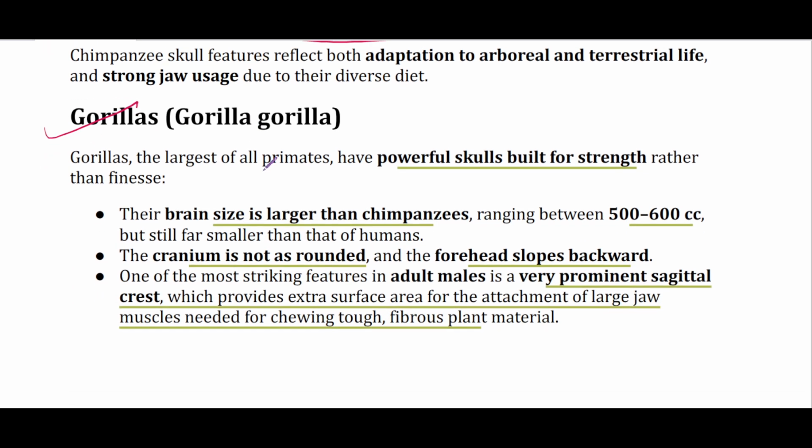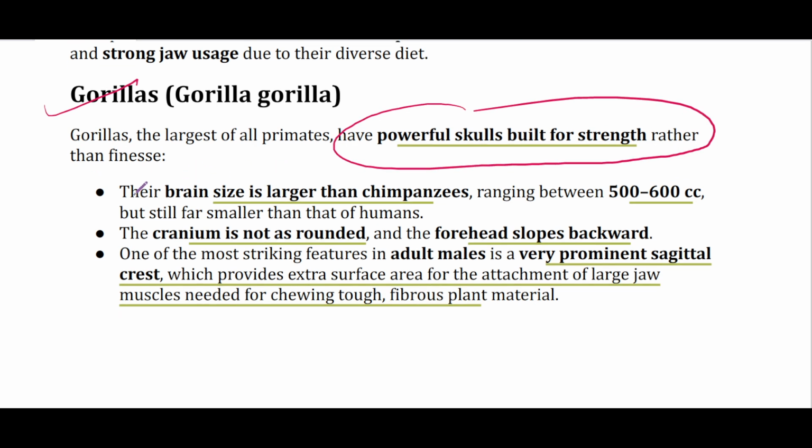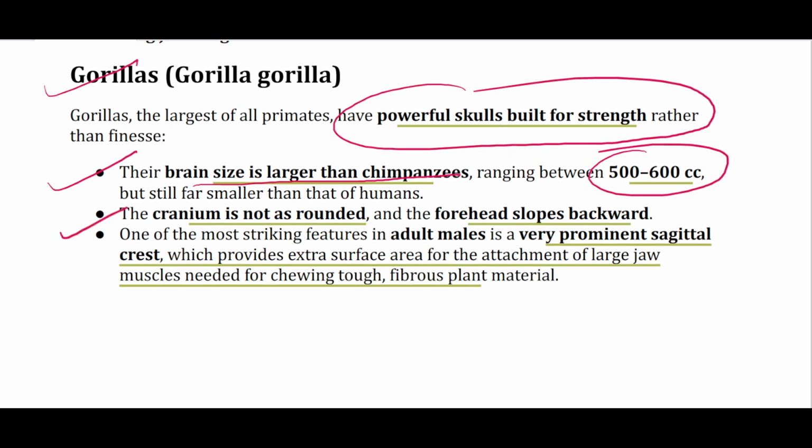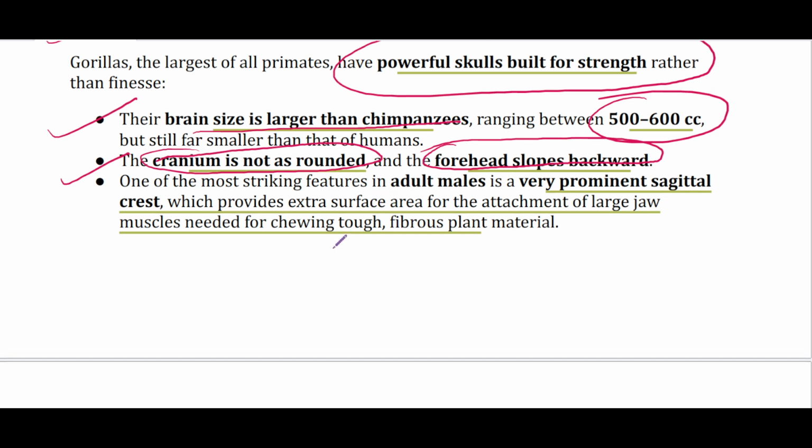Now, gorillas, so they have powerful skull that is built for strength rather than fineness. So their brain size is larger than chimpanzees, around 500 to 600 cc, and their cranium is not as rounded, and their forehead slopes backward. जो आप देखेंगे जो उनका गोरिल्लाज का जो forehead है, it is like a sloping crown.